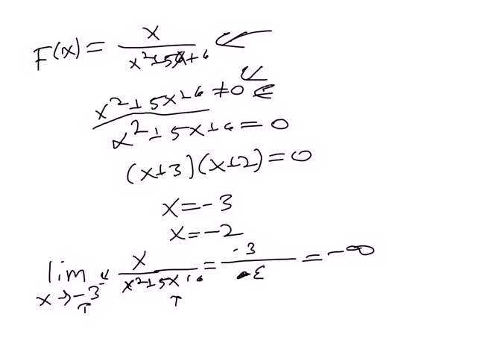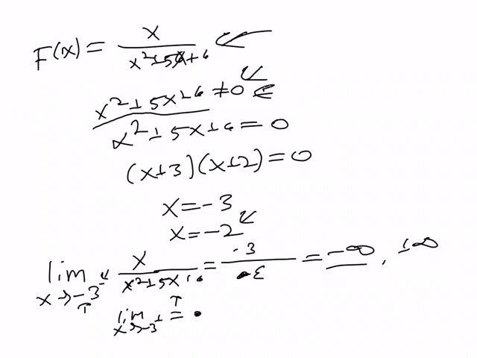But regardless, coming from the left, it is going to be either negative infinity or positive infinity. I'm not going to graph it. The same thing is true for the limit as x goes to negative 3 from the right. Same thing is true for negative 2.